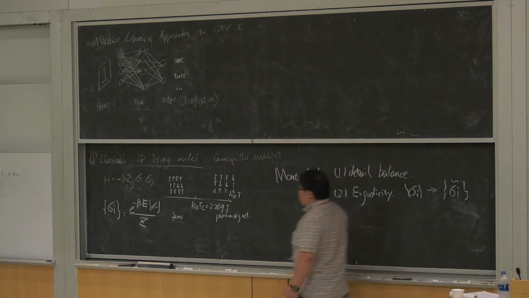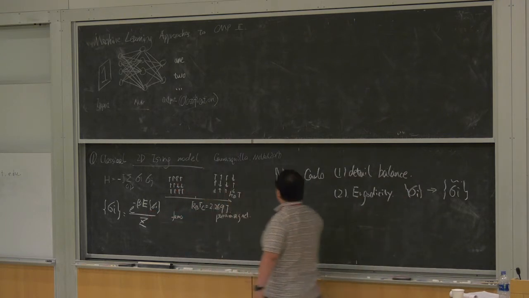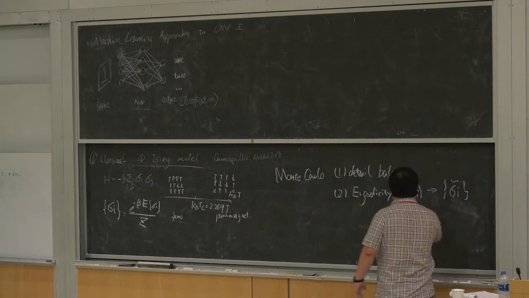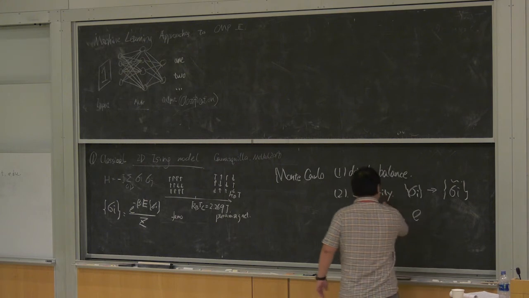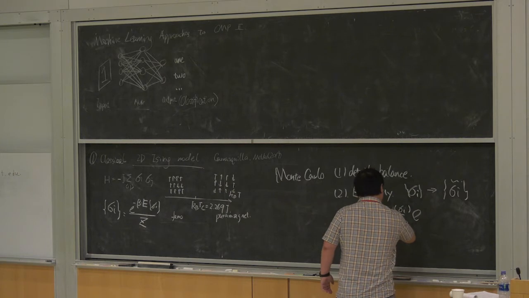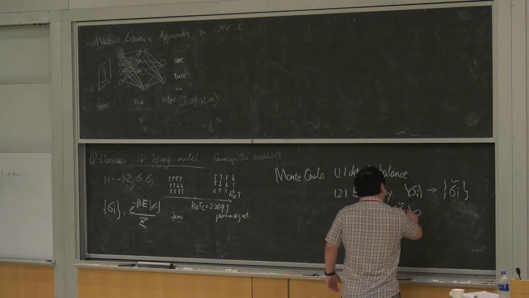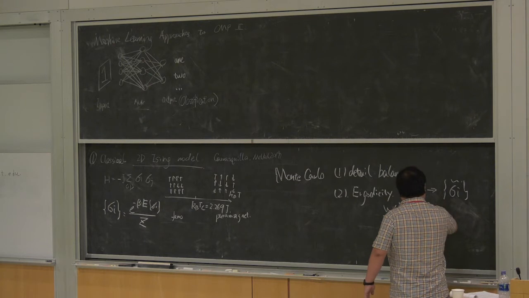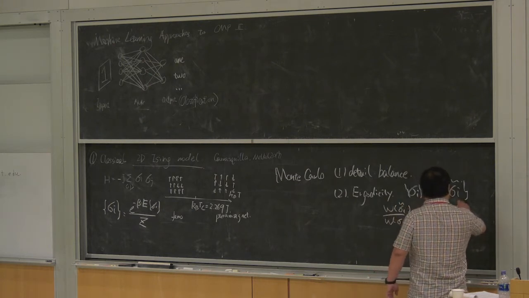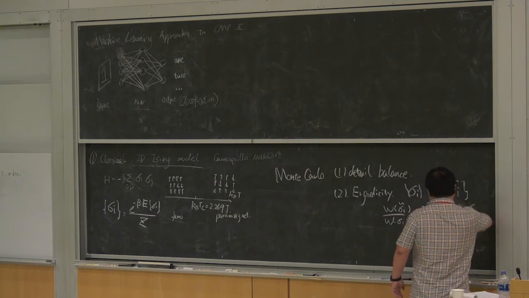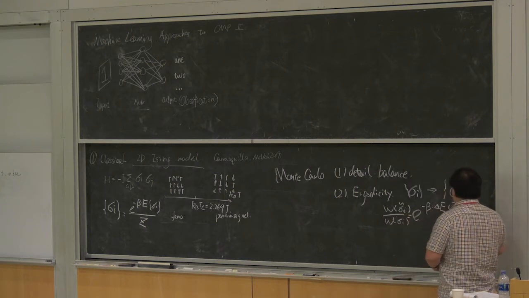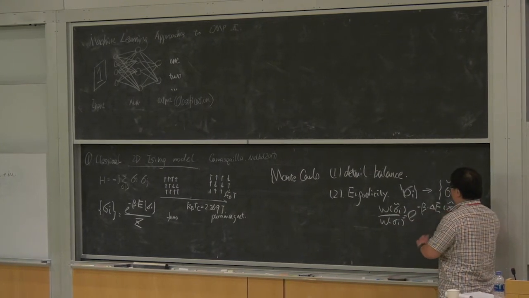And as we can tell from the ratio, the weight of sigma i versus the weight of sigma i tilde is going to be e to the minus beta times delta E. Okay, so that's the relative weight between the two.